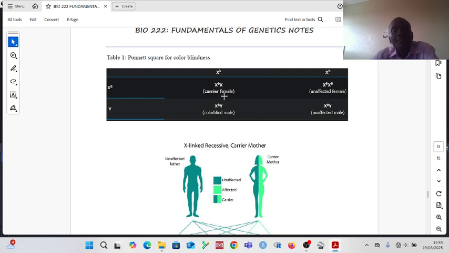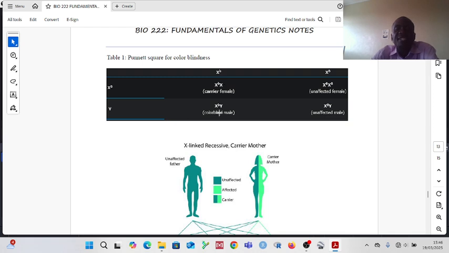Why? Because the female child inherited a normal X chromosome from the father, but also inherited an X chromosome linked to a recessive allele for color blindness from the mother. So the normal one from the father will mask the recessive one from the mother.